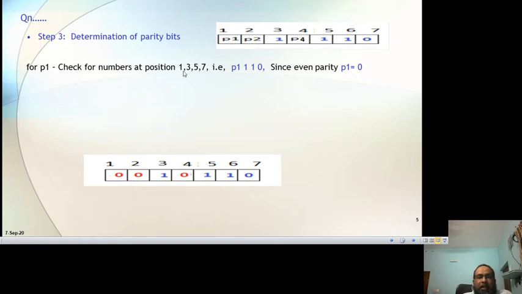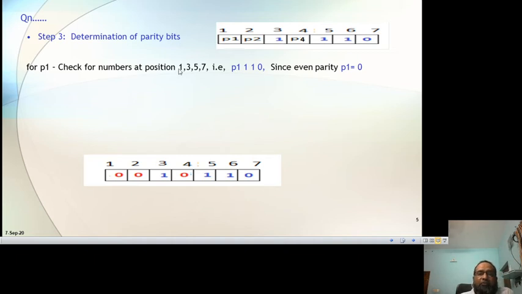In other words, you select one, skip one, select one, skip one, like that: selecting the first position, skipping the second, selecting the third, skipping the fourth, selecting the fifth, skipping the sixth. Select one, skip one.